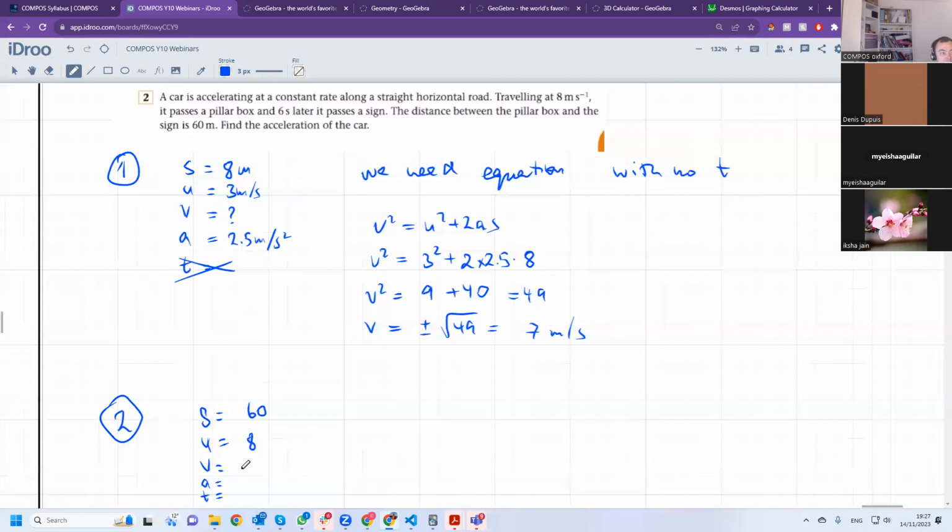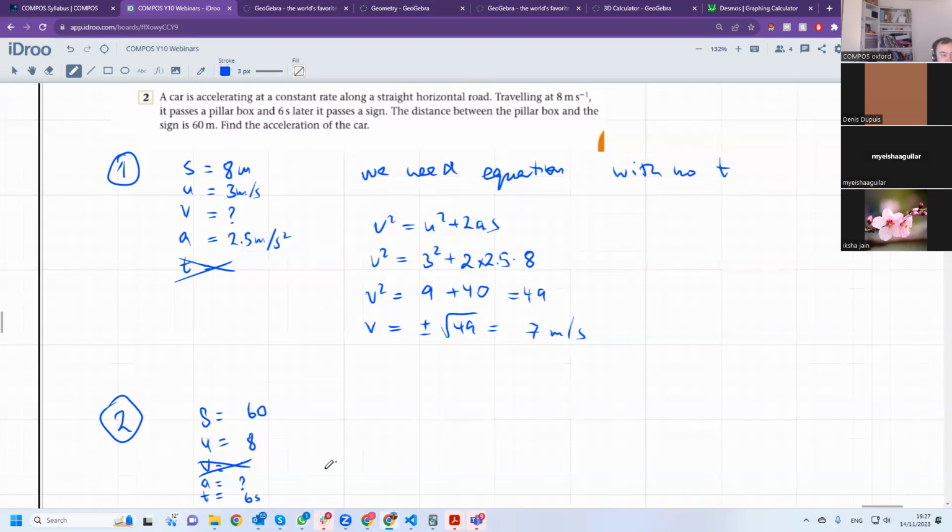The final velocity, it looks like we don't know, and we don't actually need it because we are looking for the acceleration. So we don't need velocity. Acceleration is the thing that we're looking for. And t is 6.